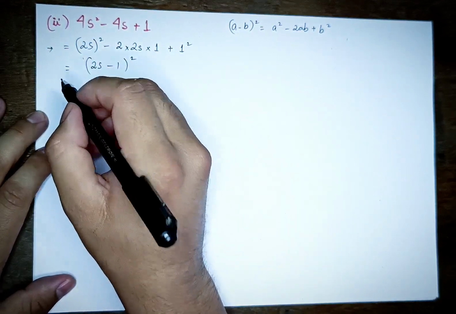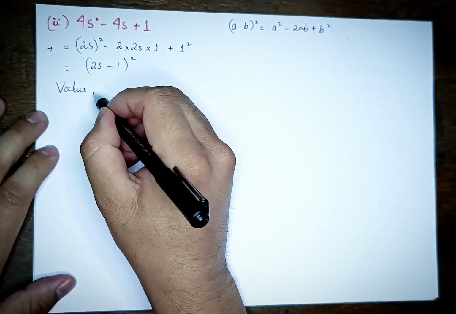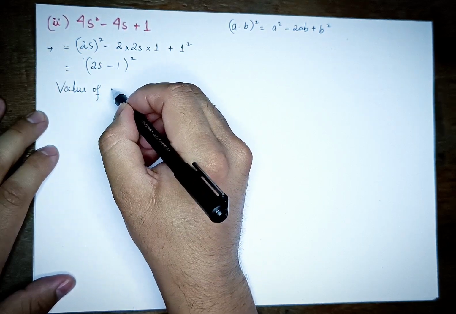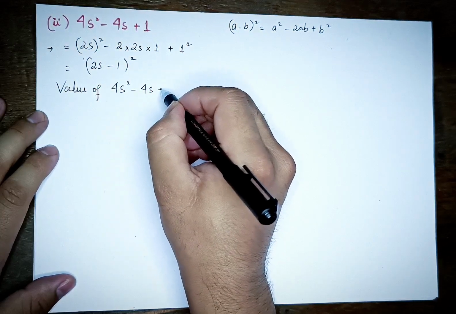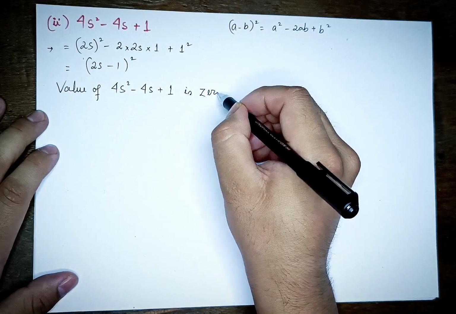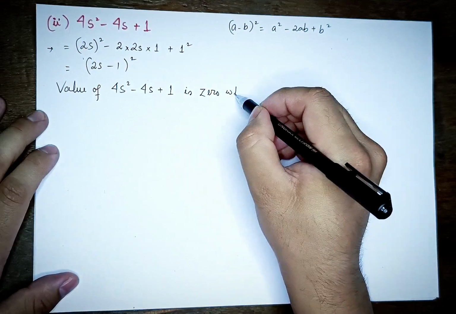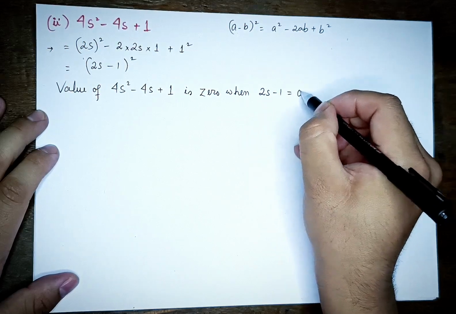So the value of the quadratic polynomial 4s square minus 4s plus 1 will be 0 when 2s minus 1 is equal to 0.